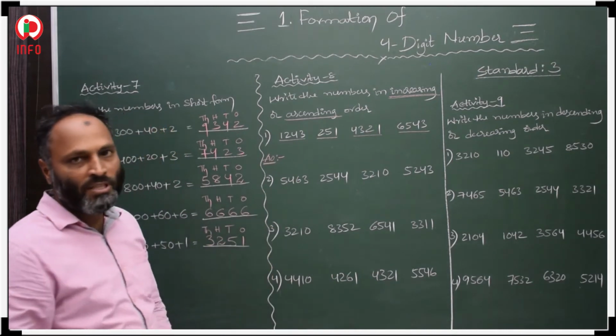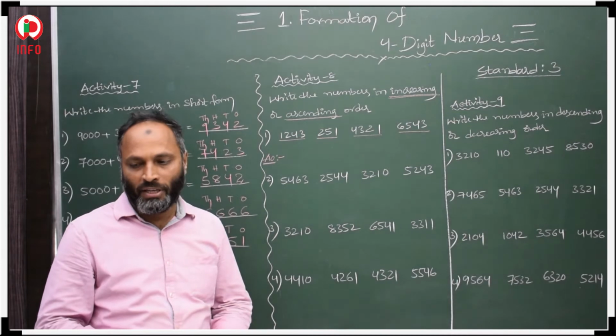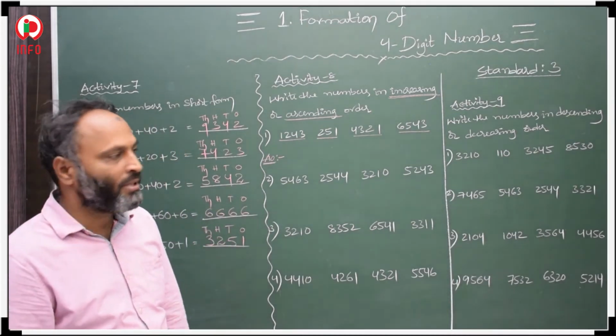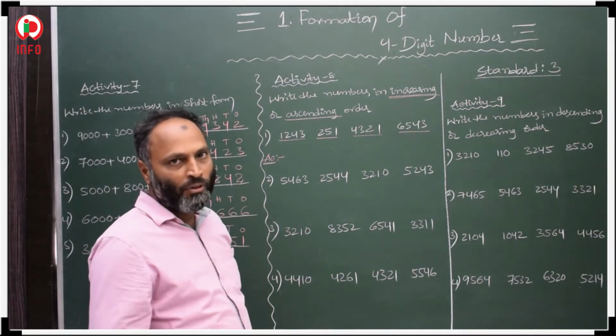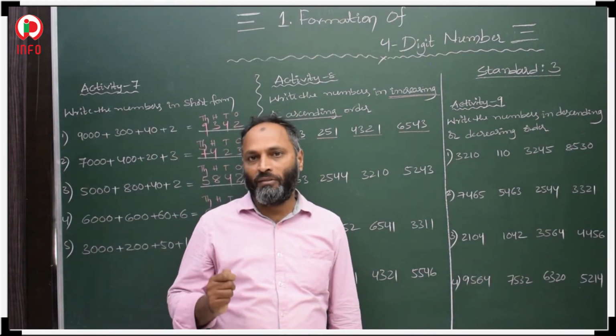Ascending order means first we have to take the smaller number. Before deciding which one is smaller, we have to count the number of digits.